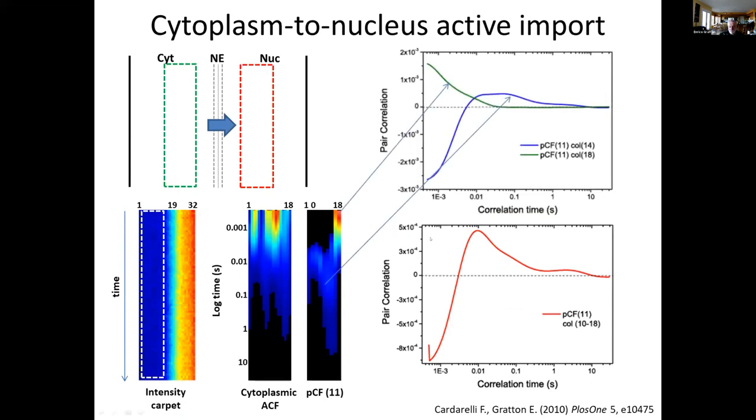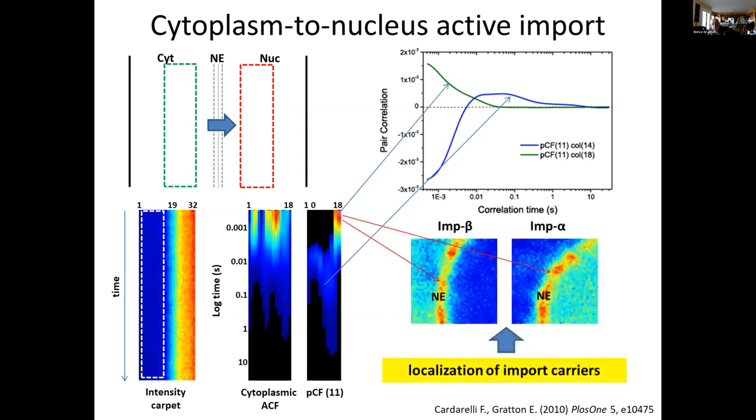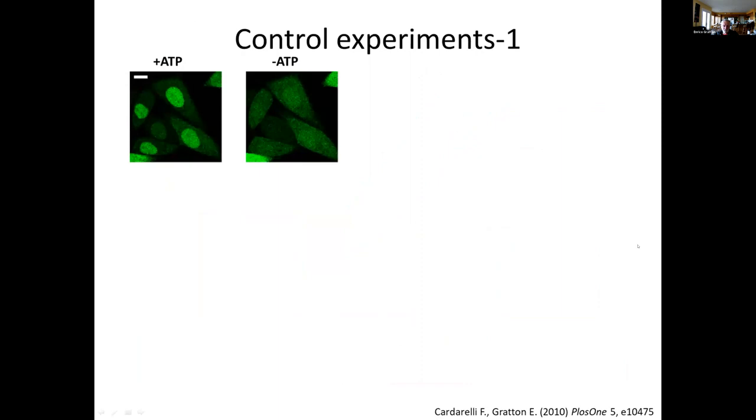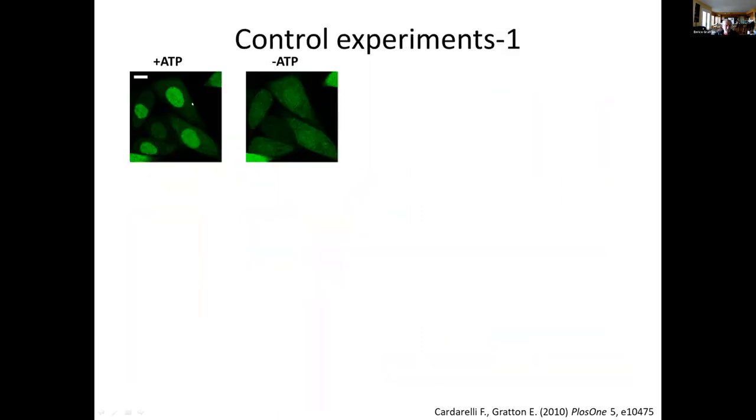So we can directly measure the nuclear diffusion, the passive diffusion, and the active transport, as you can see from here. You can measure many other things, for example, what the import in alpha is, what the import in beta is, and so on. Then let us do a control experiment just to be sure. The localization requires ATP energy.